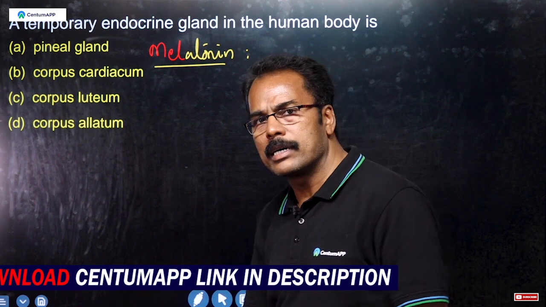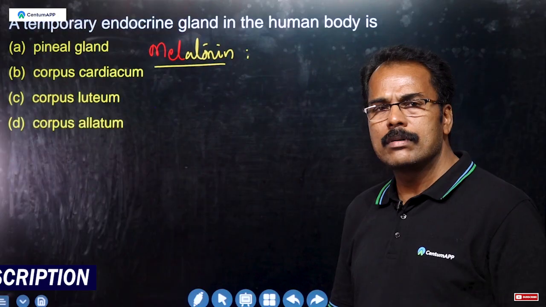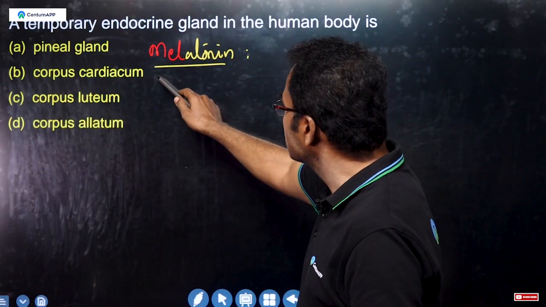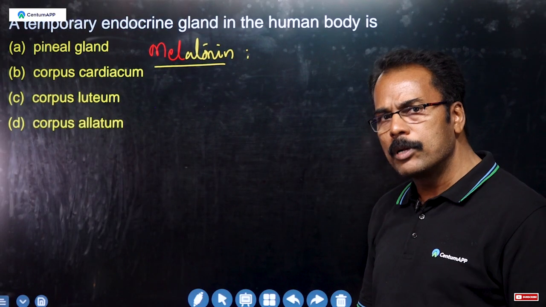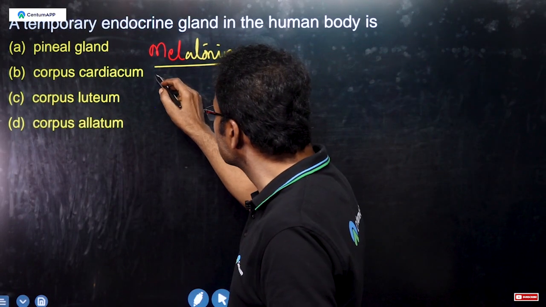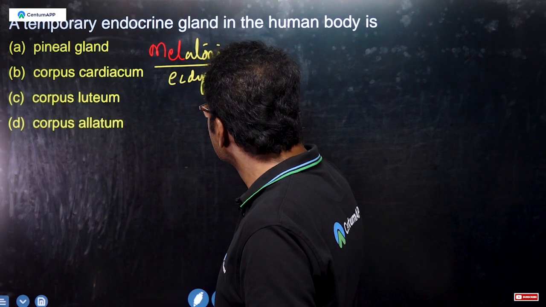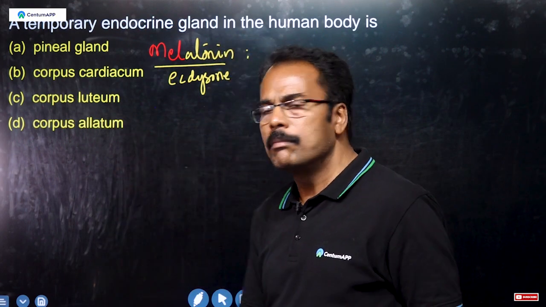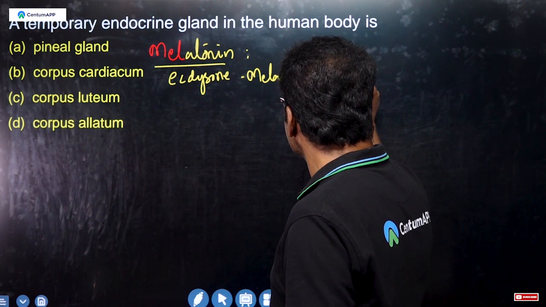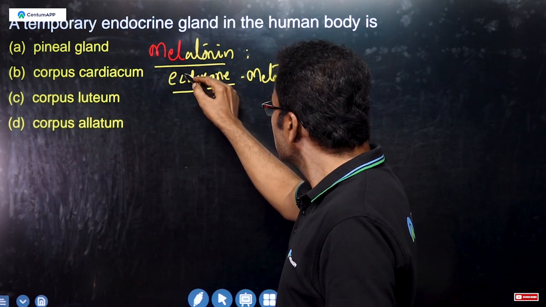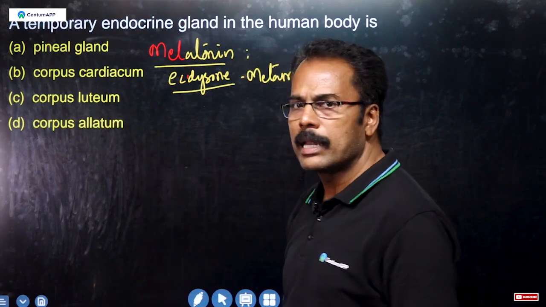Next, the second option, corpus cardiacum. Corpus cardiacum is a gland found in insects, below the brain, and it is responsible for the secretion of hormones for metamorphosis.